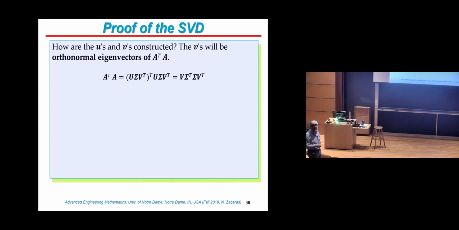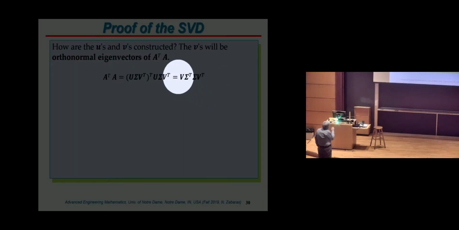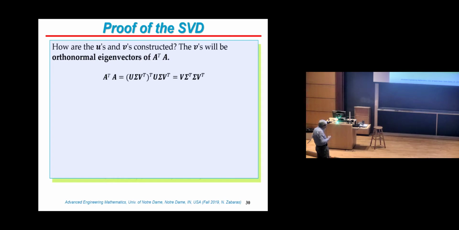A transpose A. We're done. Basically, using the spectral theorem for square matrices, we recognize V to be the eigenvector matrix of A transpose A, and the singular values to be nothing else but the square roots of the eigenvalues of A transpose A. Done.